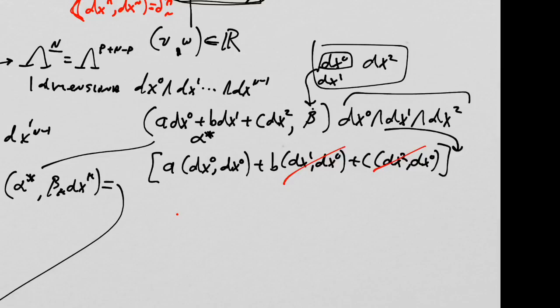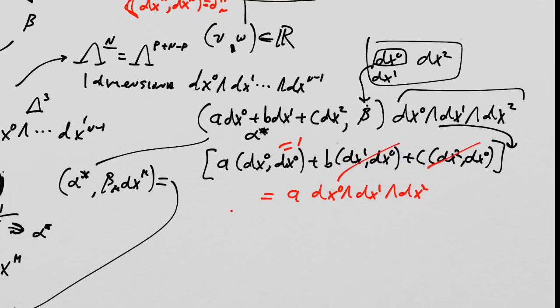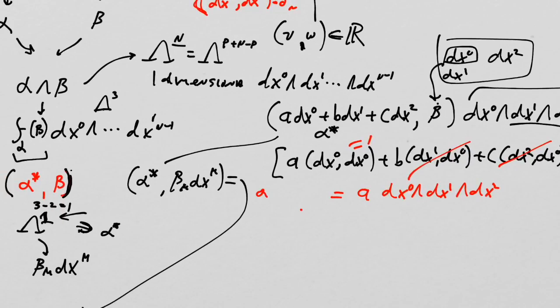And so we end up with, and then this equals 1. So we have A dx0, dx1, dx2 on this side, and on the other side we have alpha Hodge dx0, right?